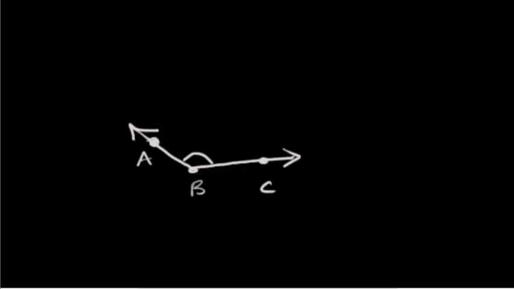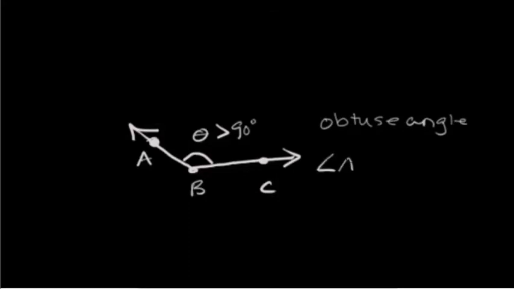As long as this angle measure here is greater than 90 degrees, then we have what's called an obtuse angle. And just like before, we're going to name this angle ABC.